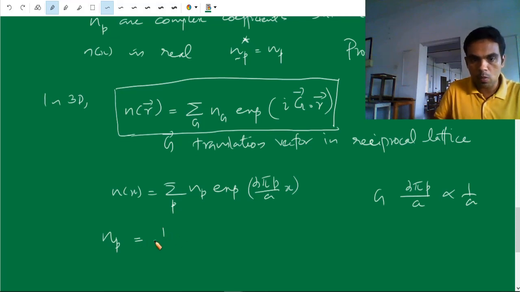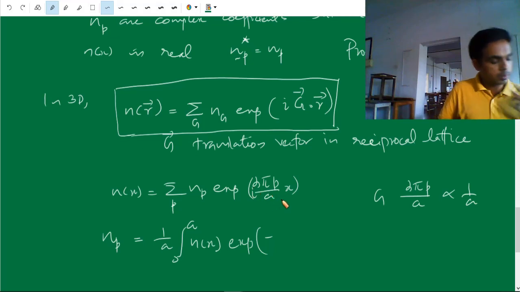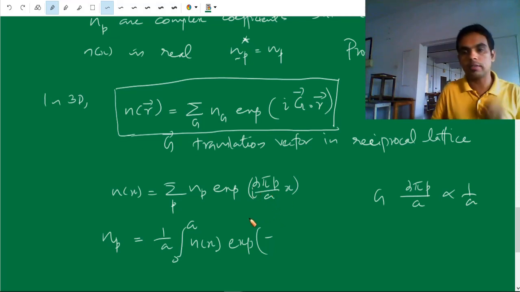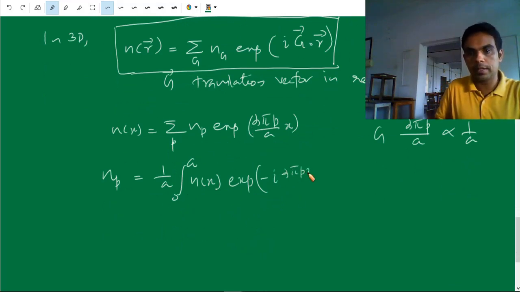That is 1 by a, integral from 0 to a, n of x e raised to exponential minus i 2 pi p x by a dx.